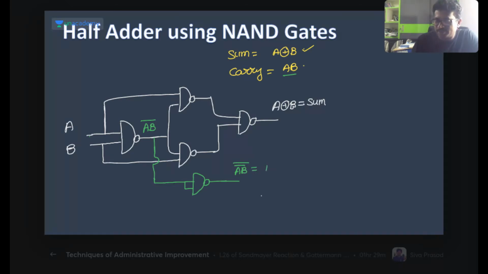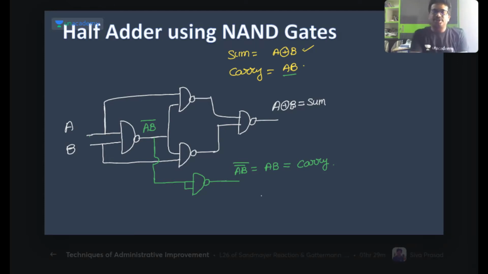This is nothing but AB only, and AB is nothing but the carry. Completed now. Like this we can implement it.